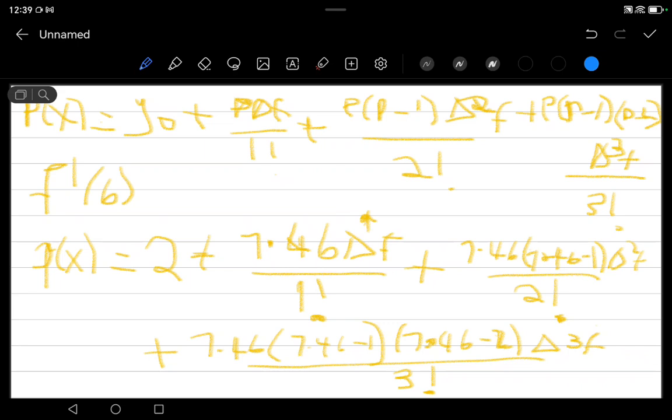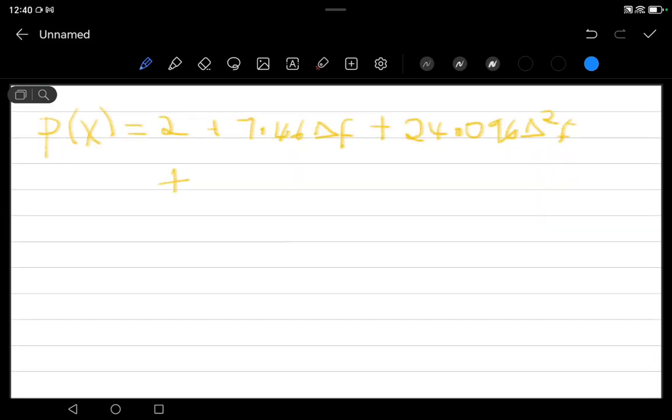And then we're going to get 43.854. So it's going to be plus 43.854 change to the power of 3 f.